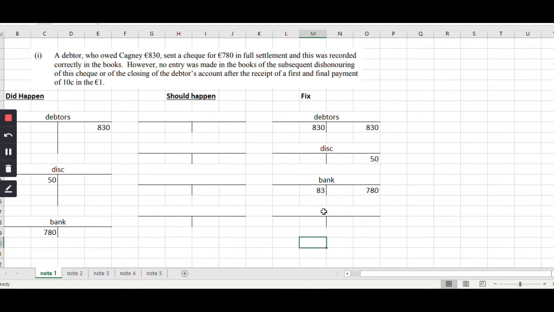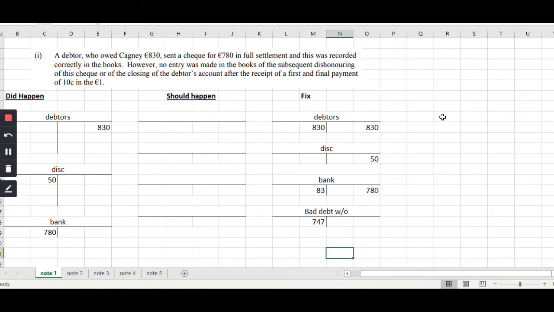And the final thing, we were owed 830, but we only got 83 euro into the bank. So there is a bad debt there. So bad debt written off of 747 euro. Okay, and that would fix what was missed out in the books.